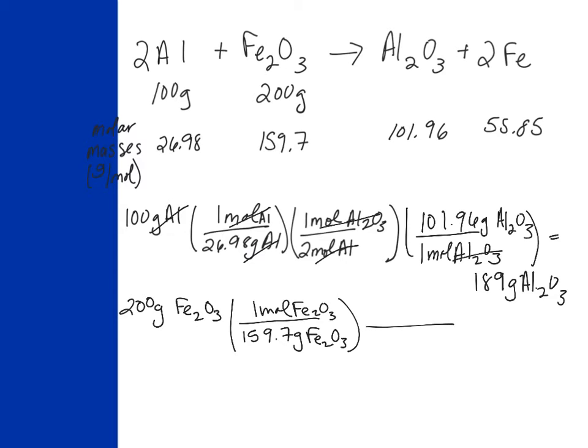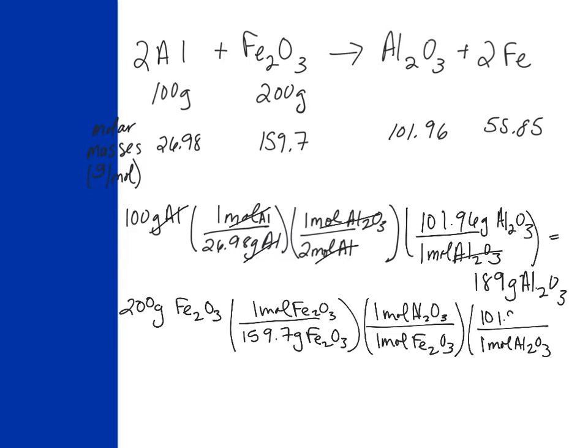We want moles to cancel out, so we're going to look at our balanced chemical reaction. We see that we have 1 mole of iron oxide for every 1 mole of aluminum oxide. And then again, we want to convert to grams, so we put moles on bottom again and grams on top.